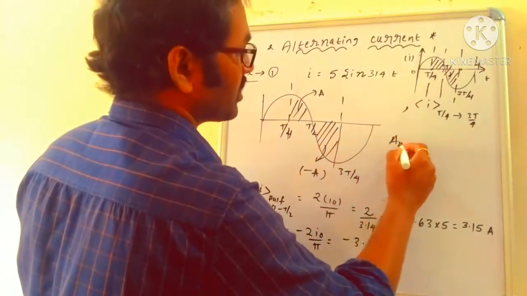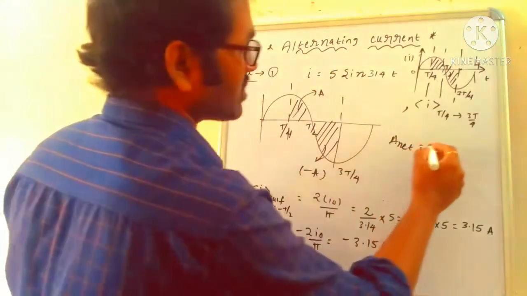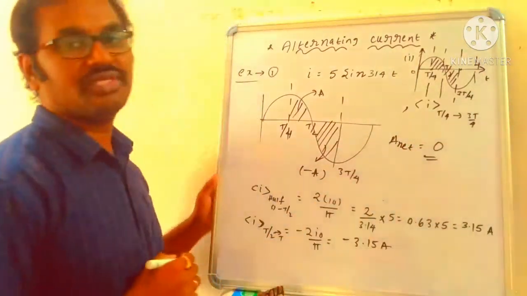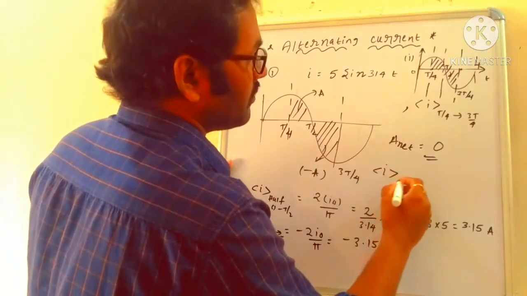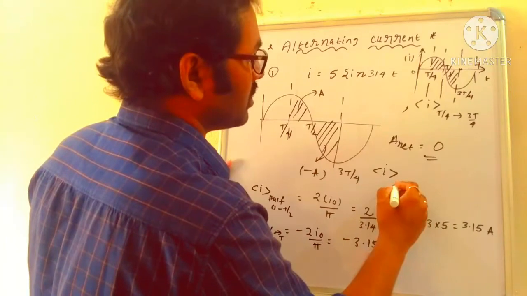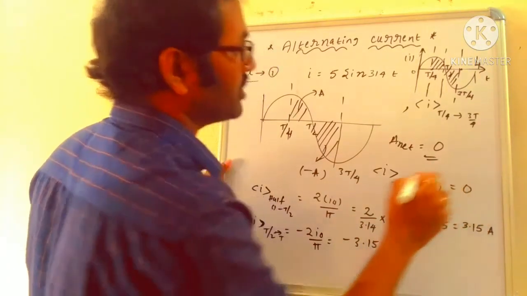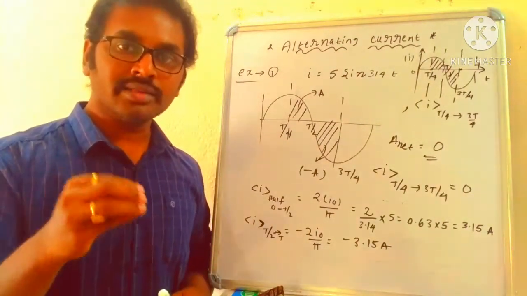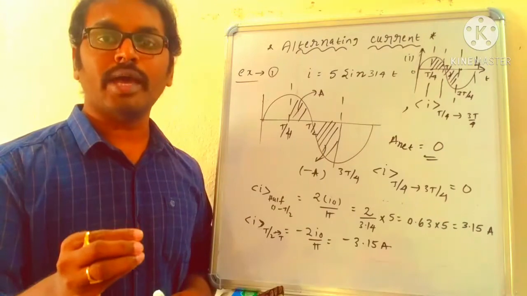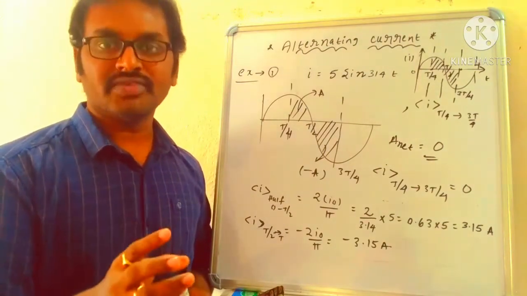So net effective area for this half cycle is equal to how much? 0. So the average current for the half cycle which is from T by 4 to 3T by 4, the result is how much? 0. So it is not necessary the alternating current should have the value 2 I naught by pi for the half cycle.